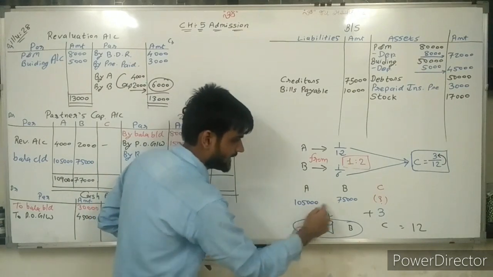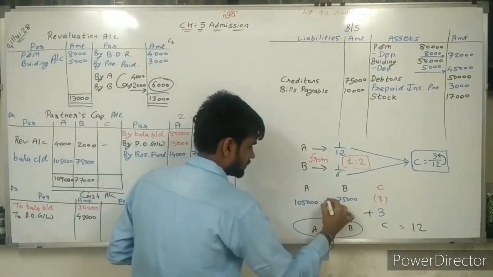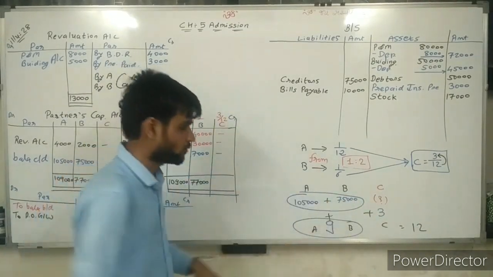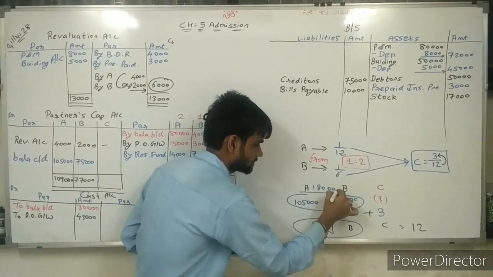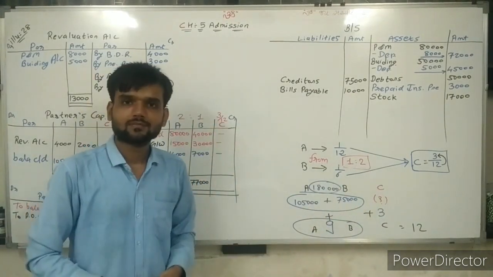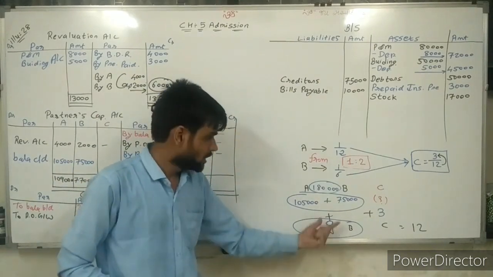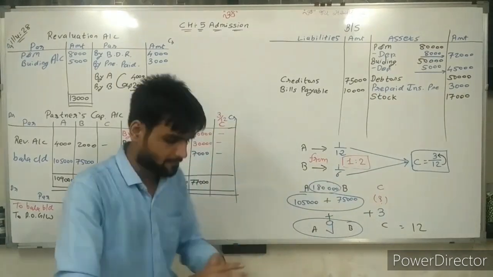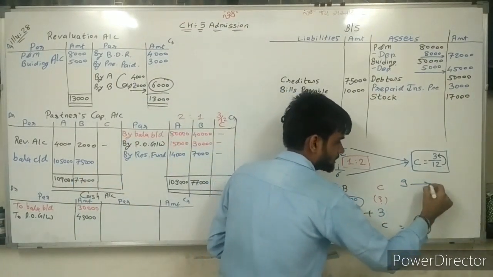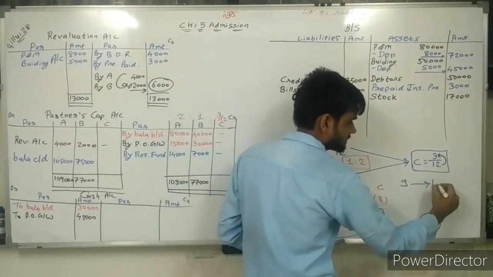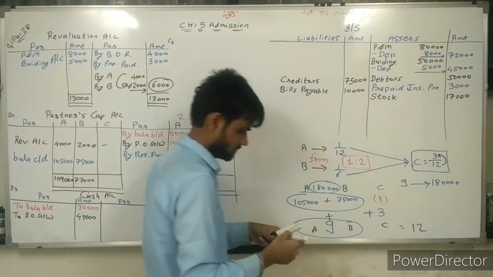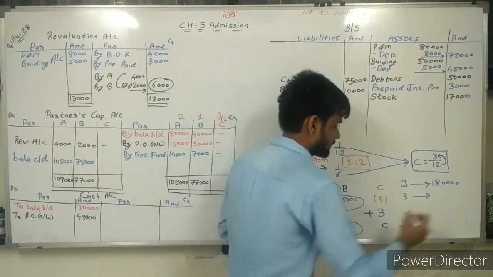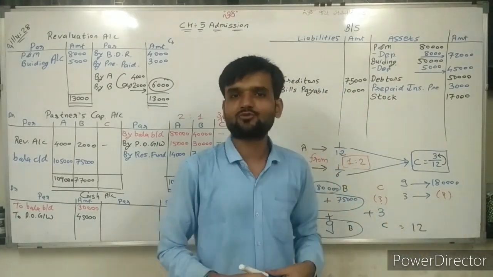But here the total of A and B is given. Total of A and B actually is 105 plus 75, 180. So for the 9 portion, the amount is 1,80,000. So for this 3, what should be the amount?